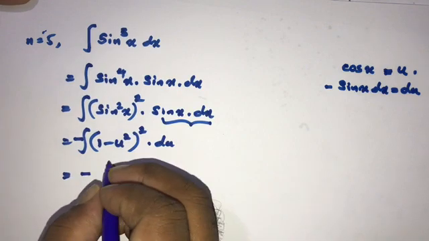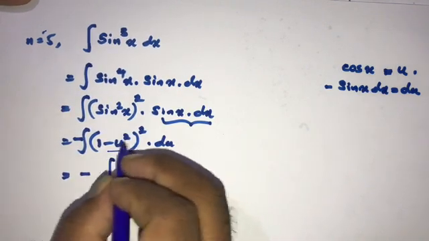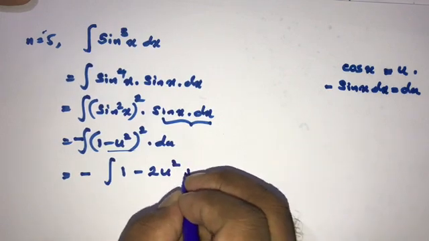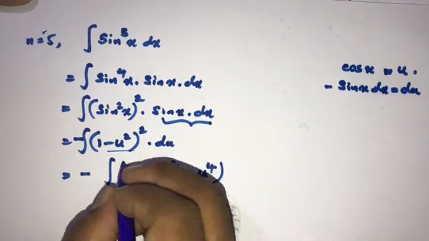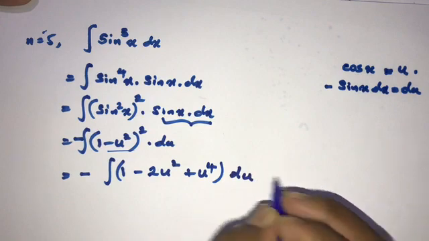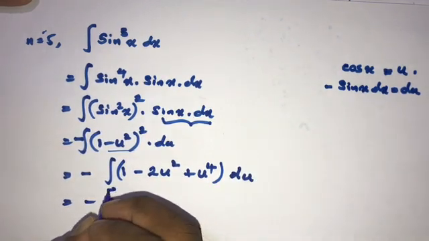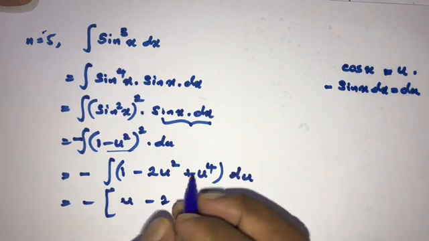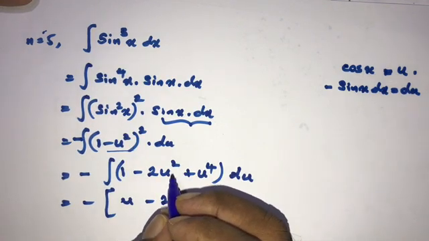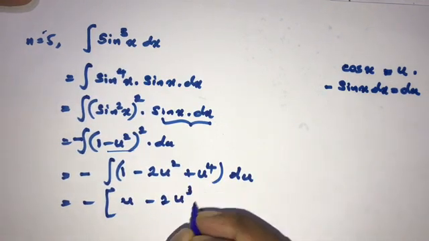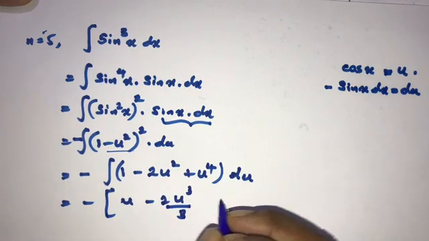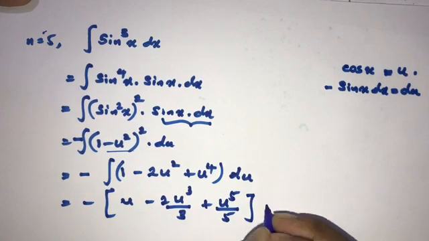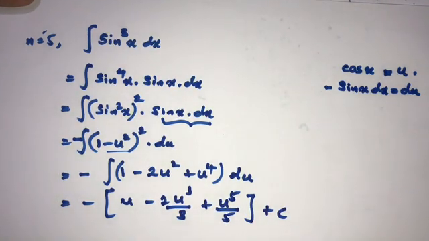Now we can simplify this: 1 minus 2 times u square plus u to the 4th power du. Now integrating, according to the power rule of integration, u minus 2 times u to the 3rd power over 3 plus u to the 5th power over 5 plus c.